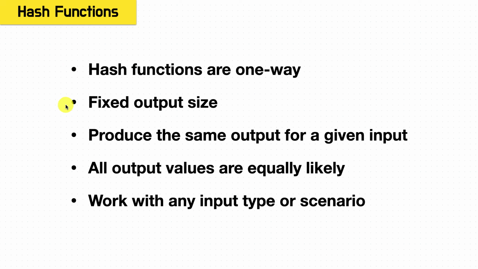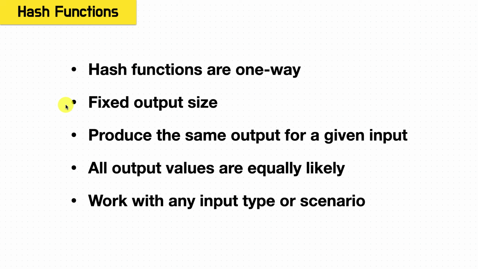The next constraint is that there's a fixed size output. If we're converting these items to numbers, the numbers it can take on are a fixed range. So for example, SHA-256 goes from 0 to 2 raised to the 256, and then we can hash to any value inside that range. This is also ideal for hash tables because we use an array underneath the hood, and we want the key to hash to an index that ranges between 0 and the length of the array.